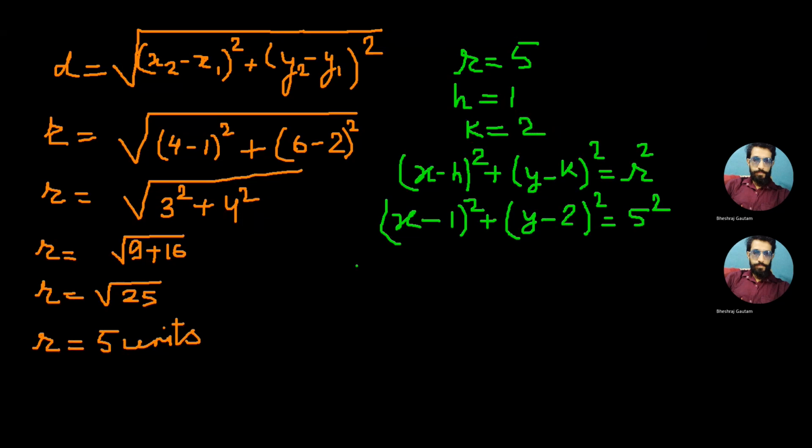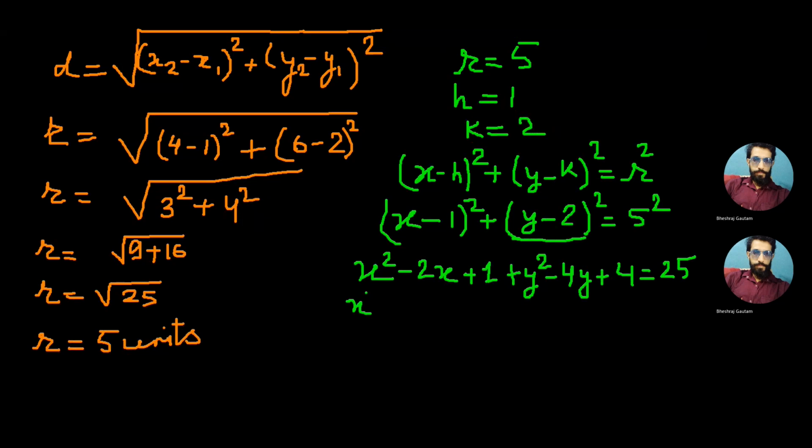Now solving this, we get x square minus 2 into x into 1 is 2x plus 1 square is 1 plus, in the same way from the second bracket, y square minus 2 into y into 2 is 4y plus 2 square is equal to 4 is equal to 25 on the other side.